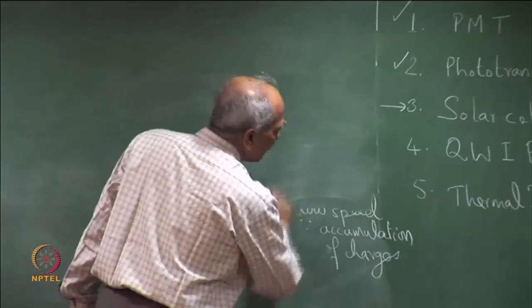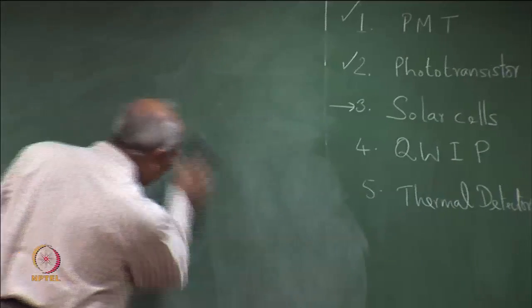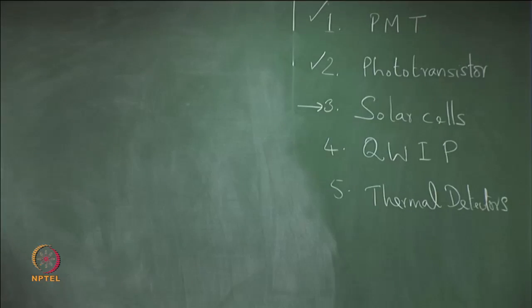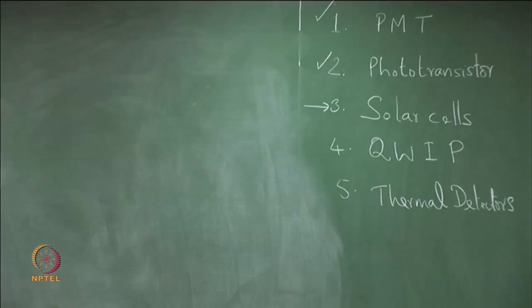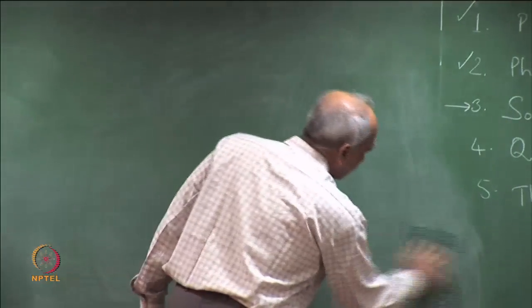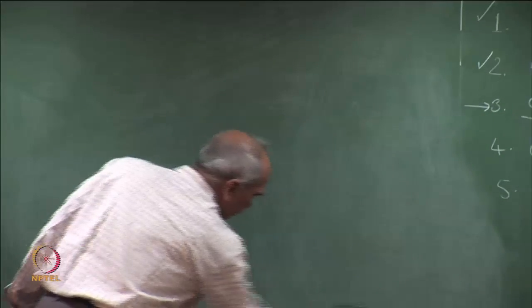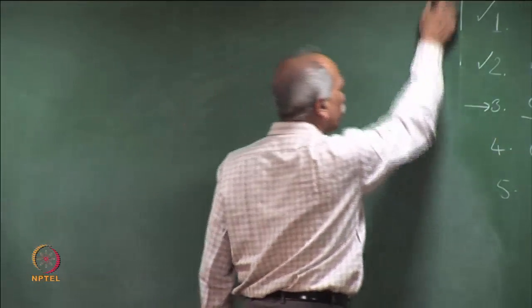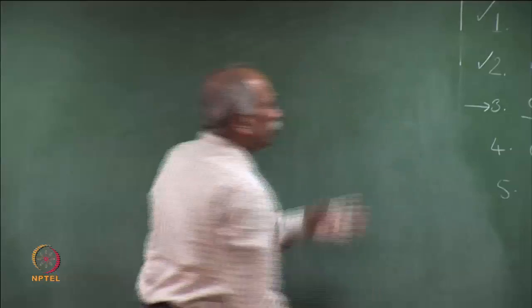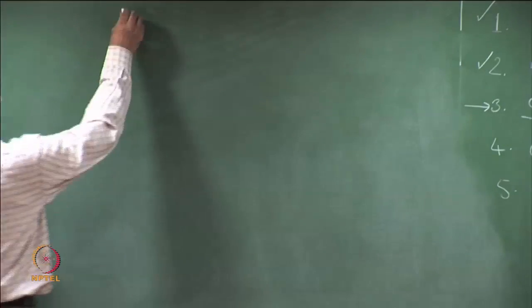A solar cell is not used as a detector normally, it is used for power generation, as all of us are aware, but the proximity of solar cell operation to the principle that we have already discussed in the operation of PIN photodiodes is what makes it very interesting.